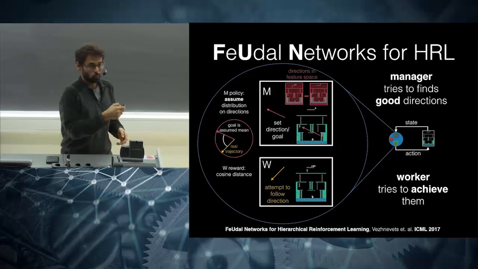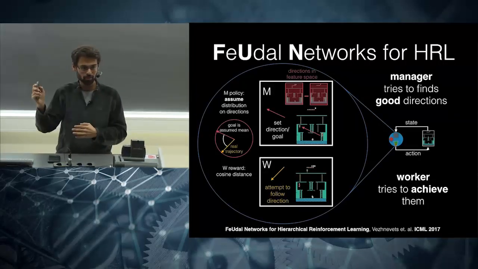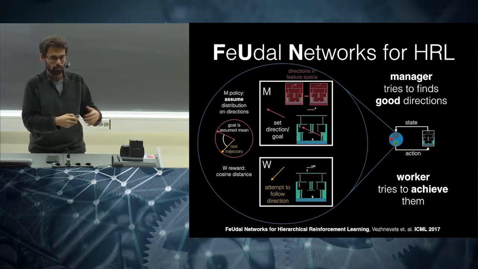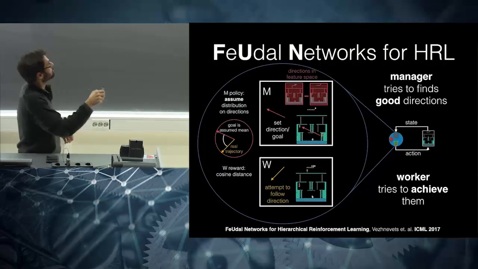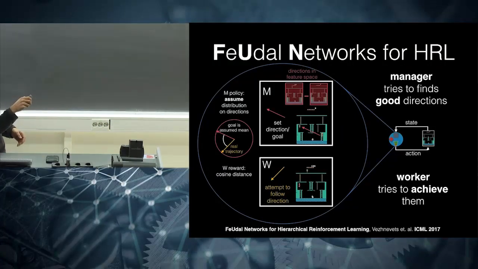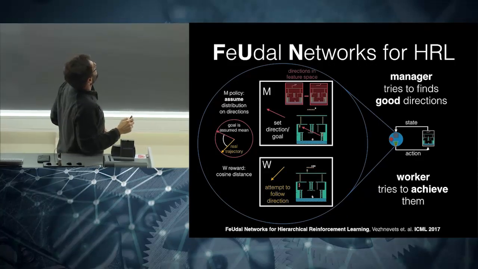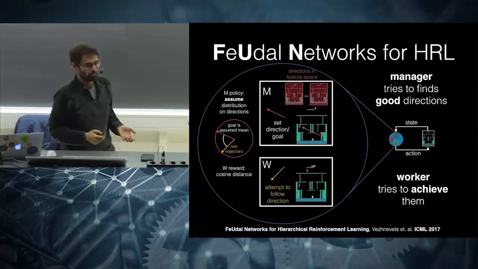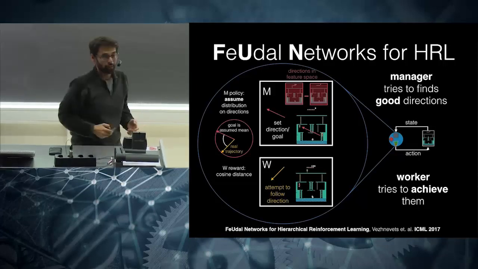So essentially what the manager here is selecting is these directions, these differences in a feature space that is not the actual pixel space but learned, which is exhibited here by a red thing. So this is the direction that the manager selects and the worker has to achieve it. And how does the worker know that?